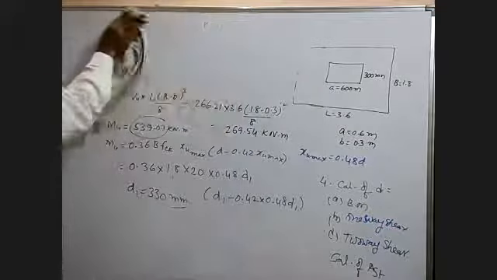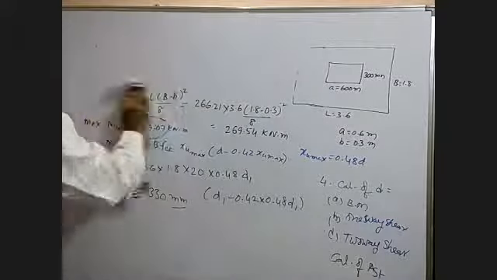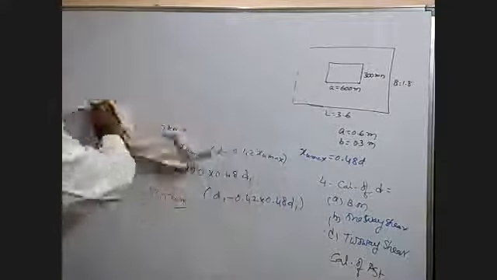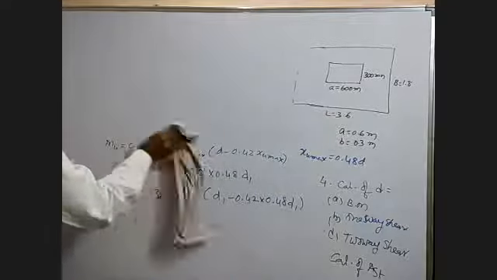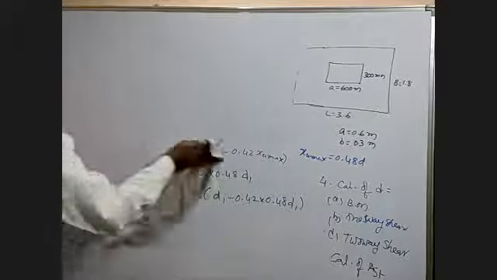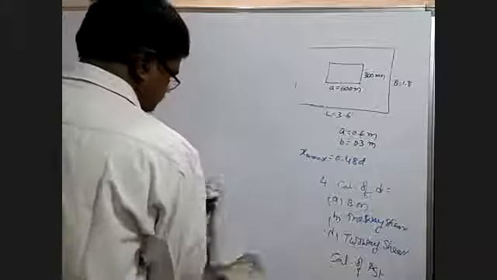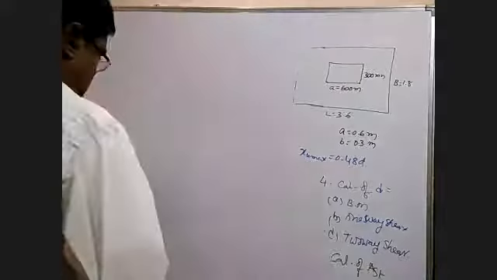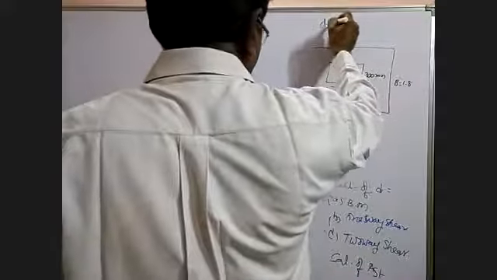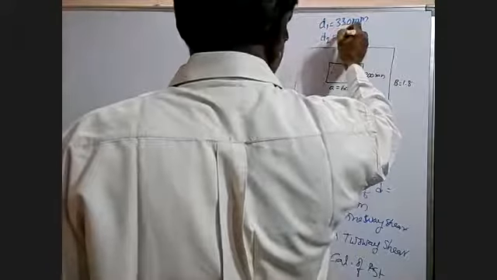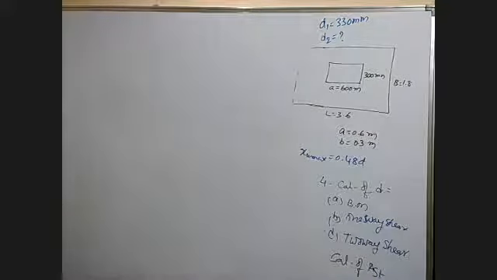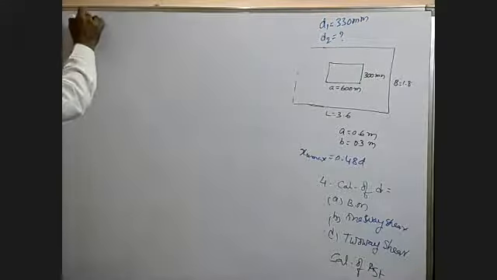Now we have the one-way shear criteria. Now we got d1 is equal to 330 mm. Now we'll find out the d2 value from the one-way shear criteria.